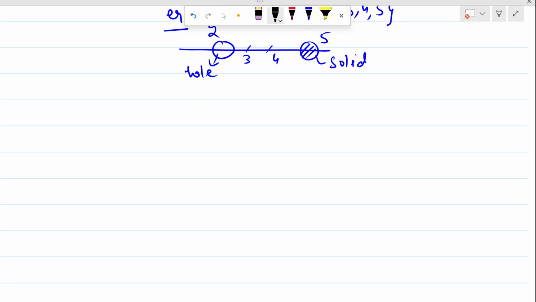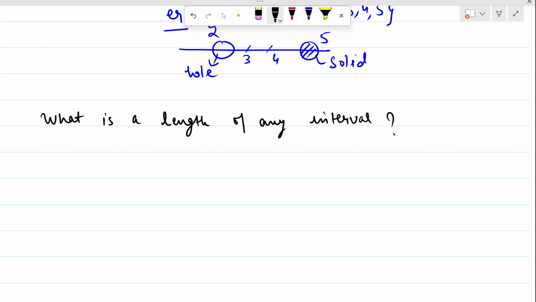So next we have: what is the length of an interval? The length of any interval is given by b minus a, because b is always greater than a, so length is always greater than 0.